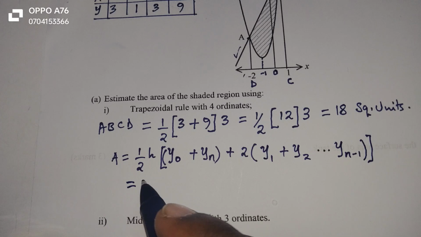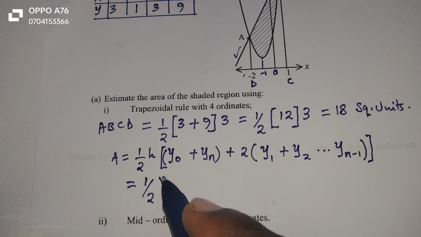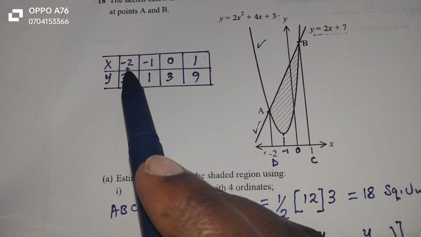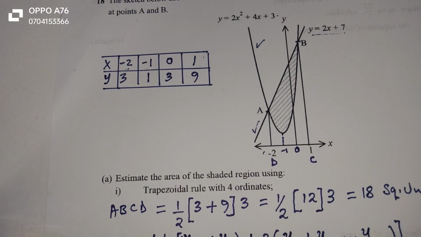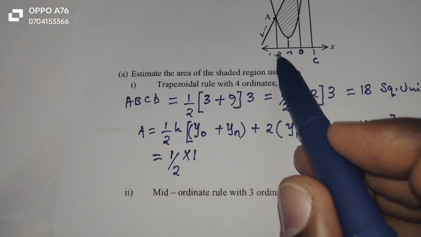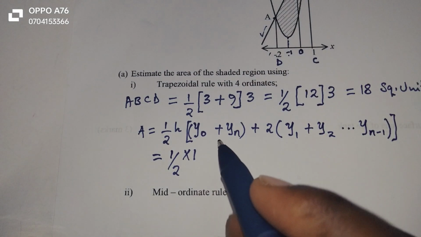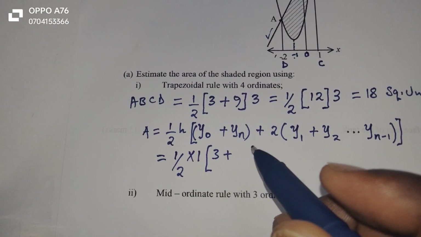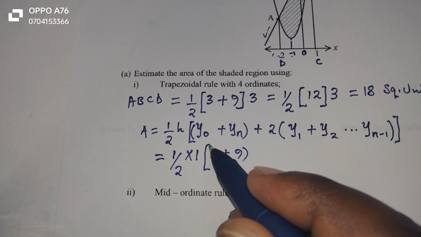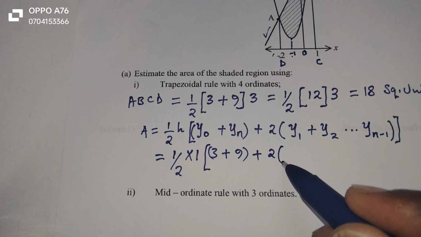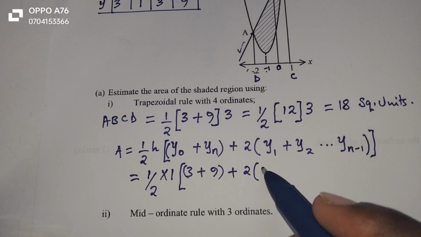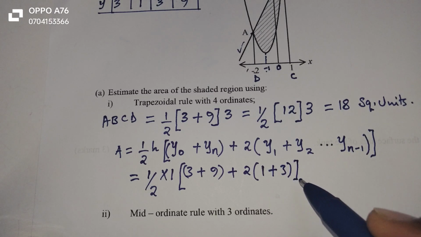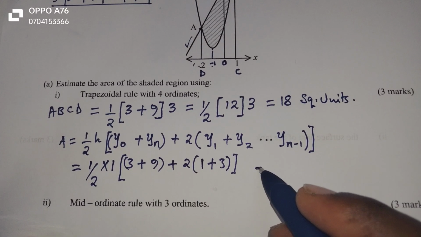We're now going to substitute and have half multiplied by the interval between the values of x, which is just 1 unit. From -2 to -1 to 0 and to 1, the intervals are 1 unit. Then the first y is 3, the last y is 9. Then we add 2 multiplied by the other values of y, which are 1 plus 3. Now we compute this area.